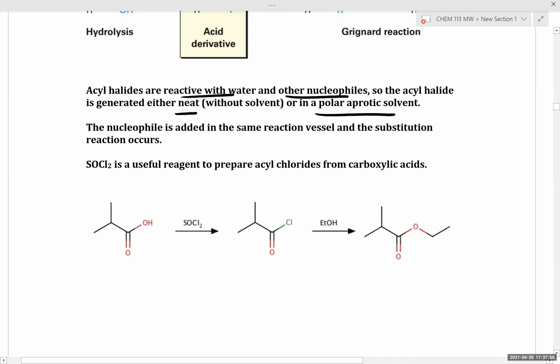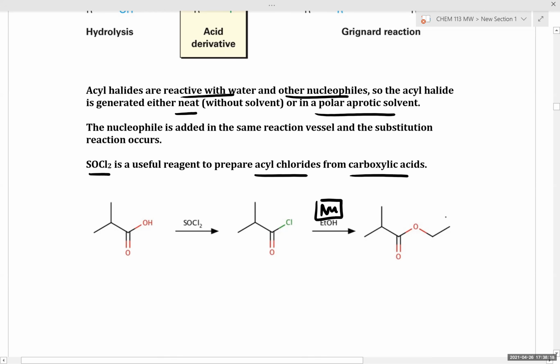Just as a refresher, thionyl chloride is quite a useful reagent to prepare acyl chlorides from carboxylic acids. And once we have this acyl chloride, we can react it with essentially any nucleophile we want to generate a carbonyl derivative.